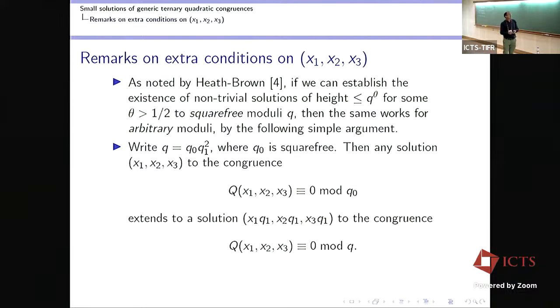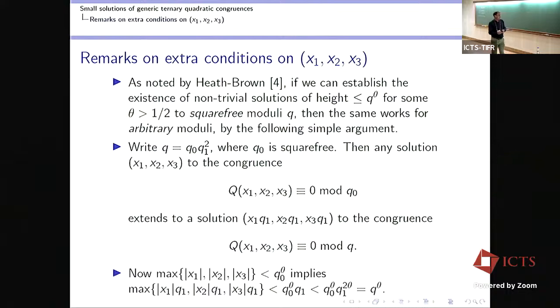Then look at the solution of the congruence modulo q0. So this now trivially extends to a solution q1 x1, q1 x2, q1 x3 of the congruence with modulus q. Yeah, so you just multiply the whole congruence with q1 squared.